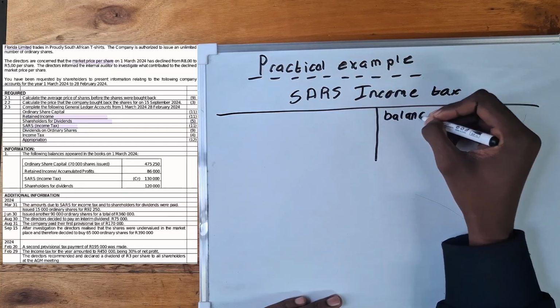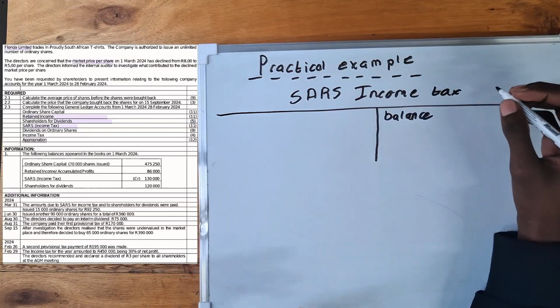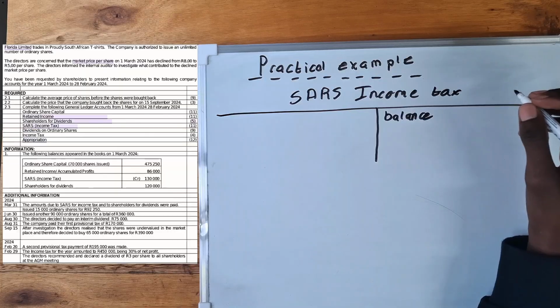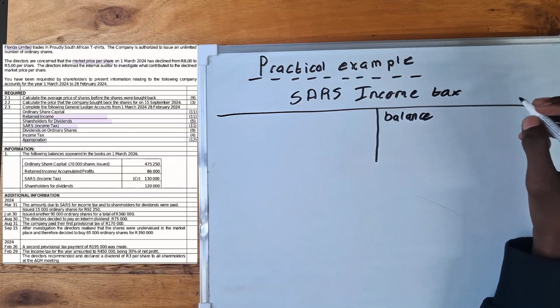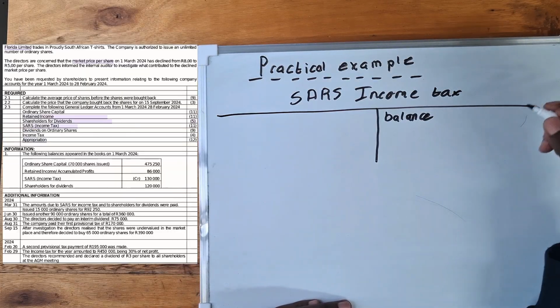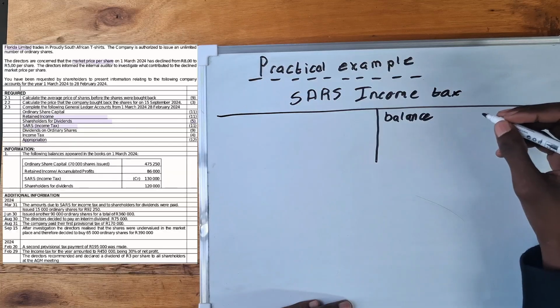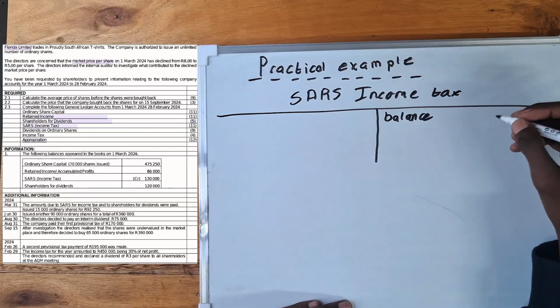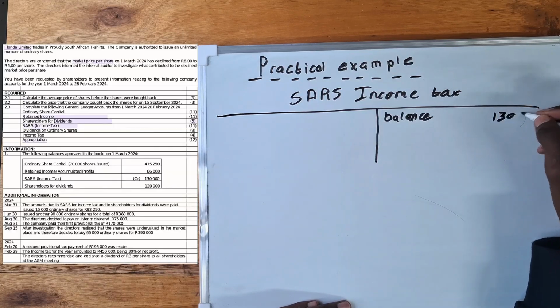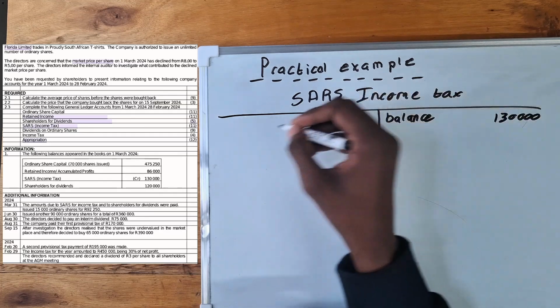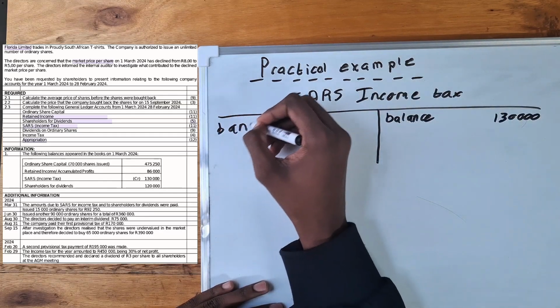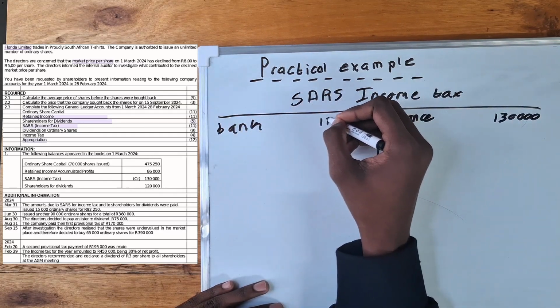And as you can see, the first adjustment said that the payments for SARS and shareholders were made. So with that being said, the opening balance, which is 130,000, you now transpose it to the side, right? So you write bank and you write the 130,000.